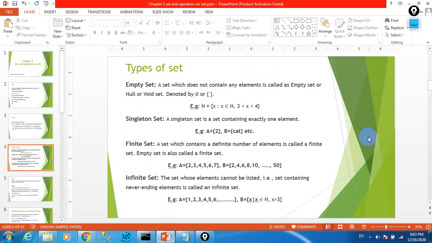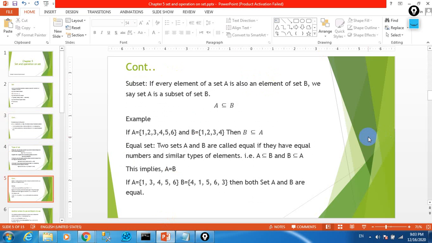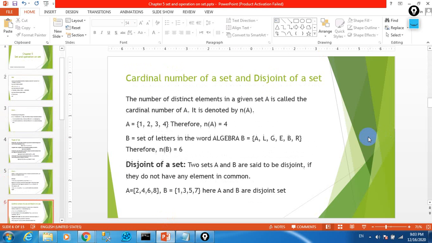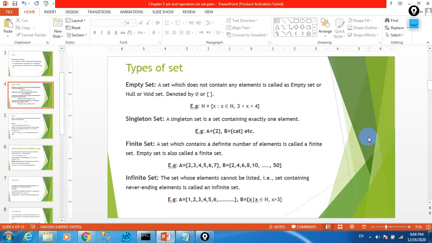First we have empty set, singleton set, finite set, infinite set, subset, and equal set. Now let me discuss all of these one by one. First we have empty set.